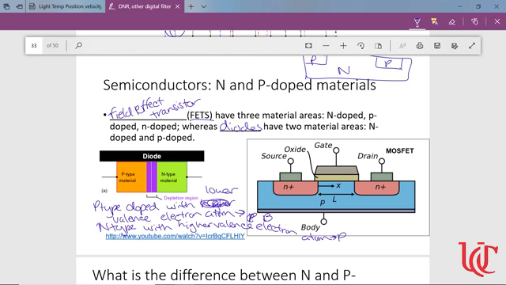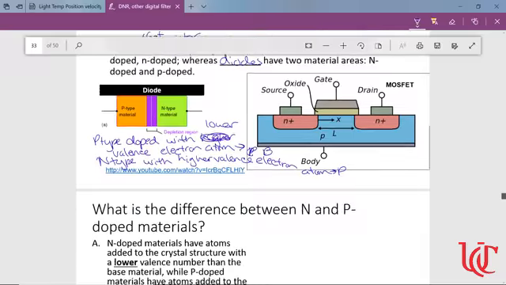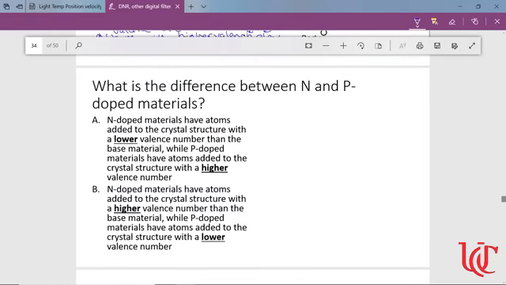So what was the difference between our n-doped and p-doped materials? Do we think A, our n-doped materials had atoms added to our crystal structure with a lower valence number than our base material, while p-doped materials have atoms added to our crystal structure with a higher valence, or the reverse?